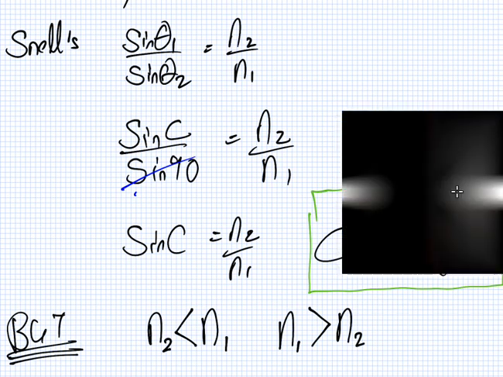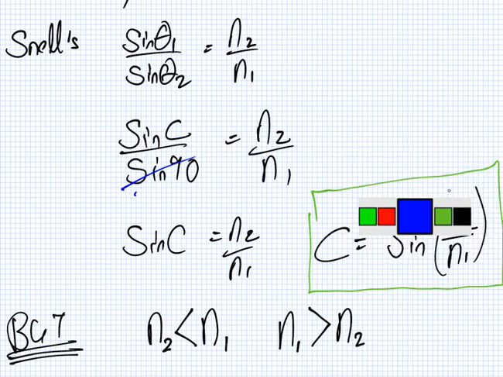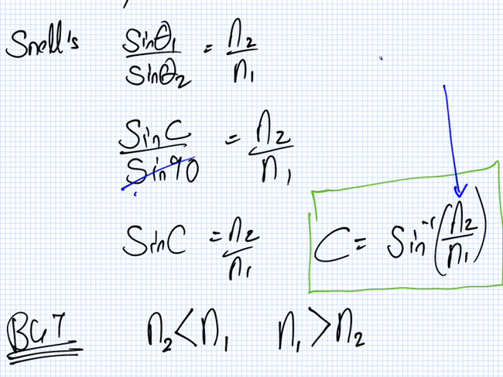So sine theta 1 over sine theta 2 equals n2 over n1. Where n1 is for the first material, n2 is for the second material. Theta 1 is the angle for the first material, and theta 2 is the angle for the second material.